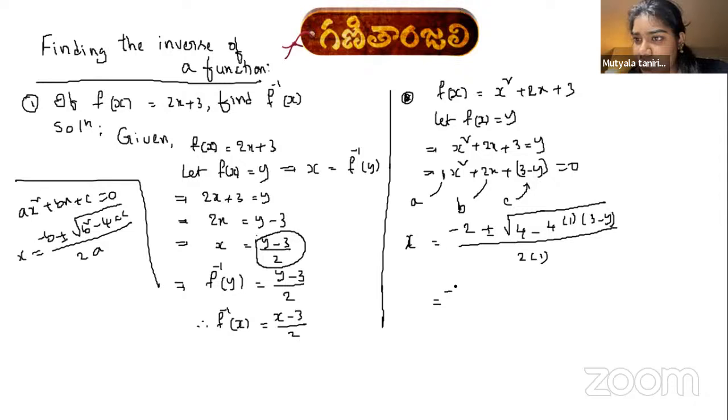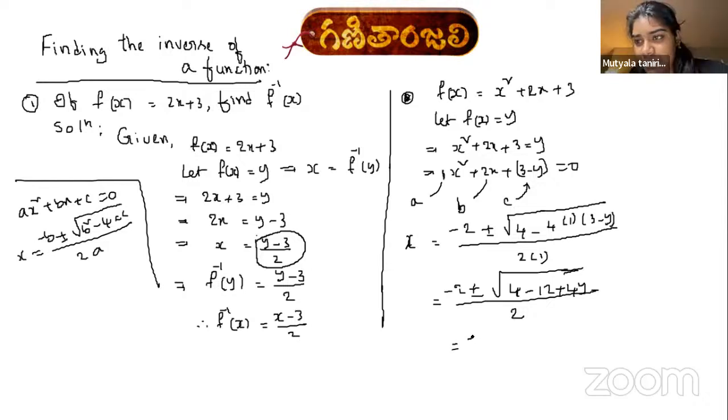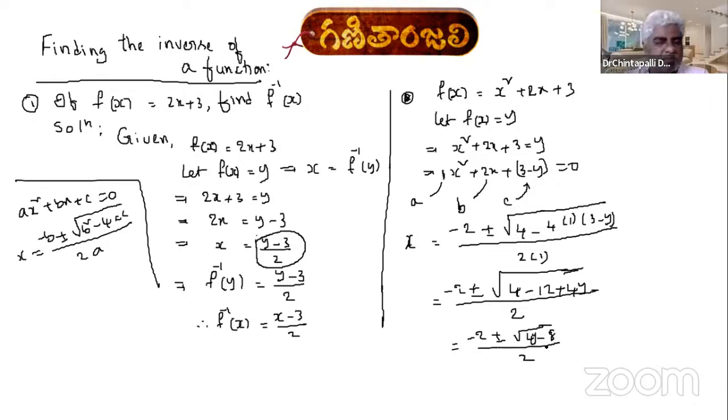Now it is equal to negative 2 plus or minus the square root of 4 minus 12 plus 4y, by 2. That is negative 2 plus or minus the square root of 4y minus 8, by 2.